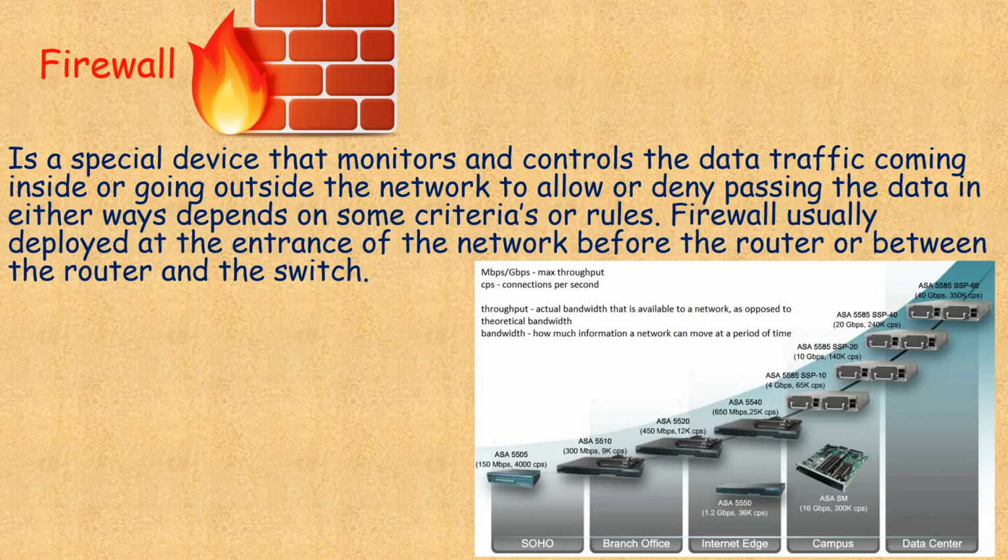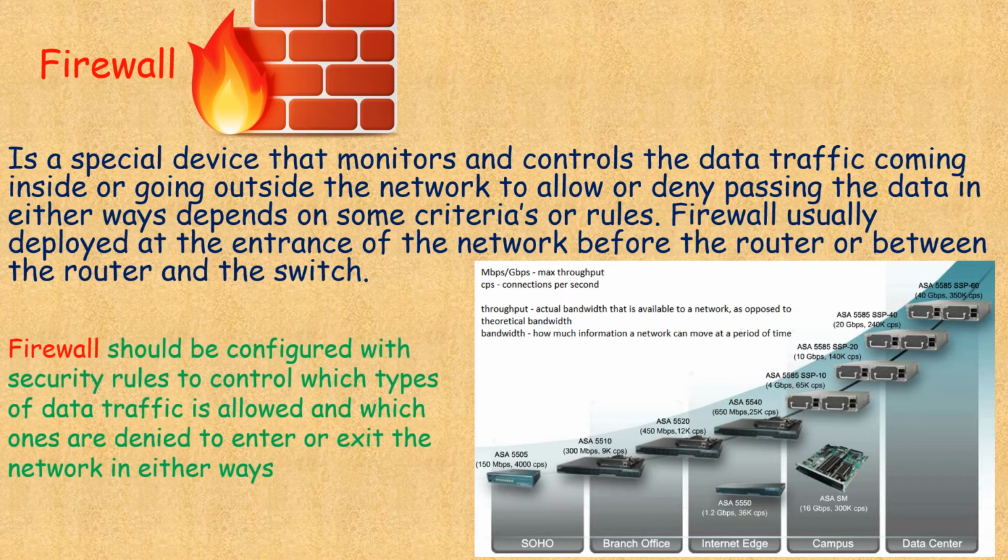A firewall is usually deployed at the entrance of the network, before the router, or between the router and the switch. A firewall should be configured with security rules to control which types of data traffic are allowed and which ones are denied to enter or exit the network in either direction.